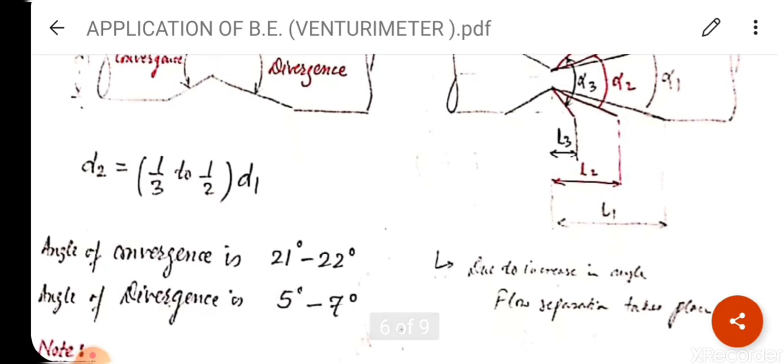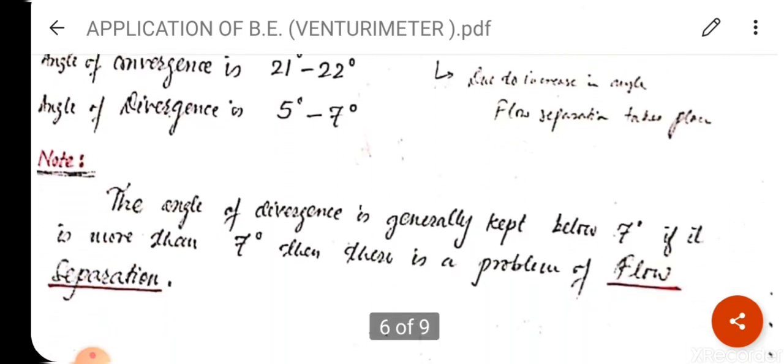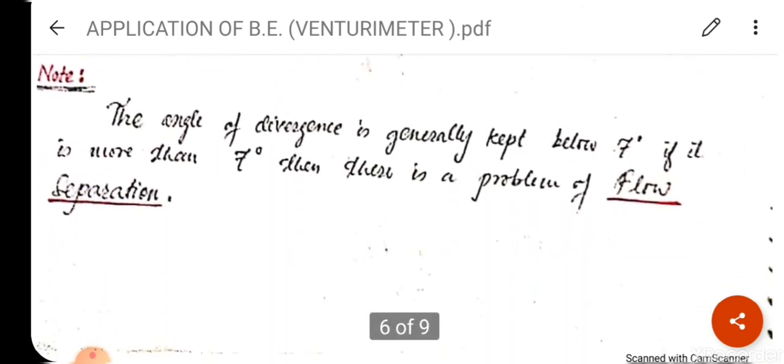Flow separation will be very little if the angle is less. So generally the angle of convergence is 21 to 22 degrees, and the angle of divergence is taken as 5 to 7 degrees. It should be kept as small as possible. Clear? So these will be the venturimeter proportions.